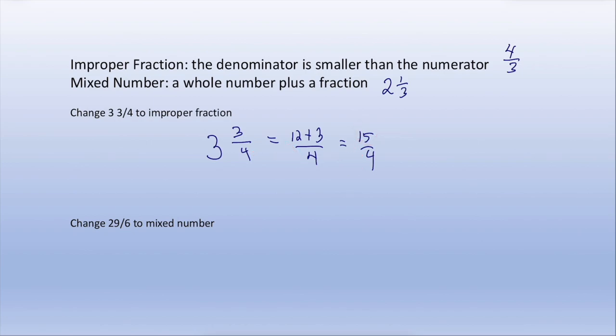Now, going the opposite direction, again, I'm going to write it like this, okay? What you want to do is kind of old school divide. I'm going to show you how to do it on a calculator as well. So if you were doing it on a calculator, you're going to do 29 divided by 6.